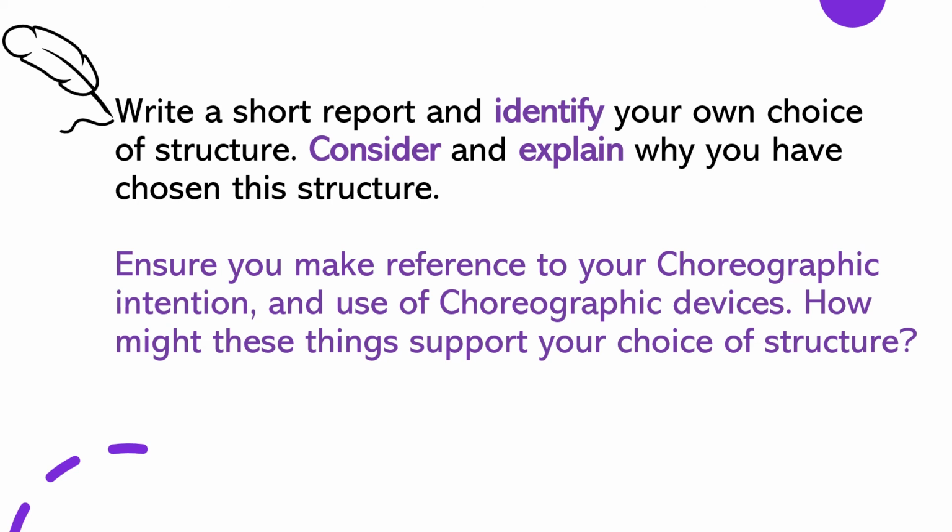Make sure you're making reference to your choreographic intention and your use of choreographic devices. That's really important. We need to see from your structure why you have chosen it in terms of your choreographic intention and choreographic devices. They should all link and show a clear, fluid relationship between each other. Think about how these things might support your choice of structure.